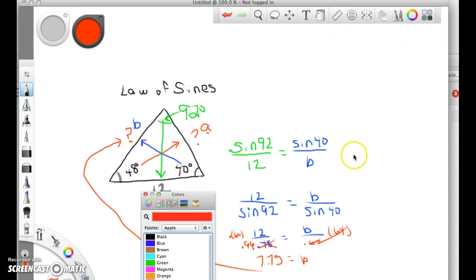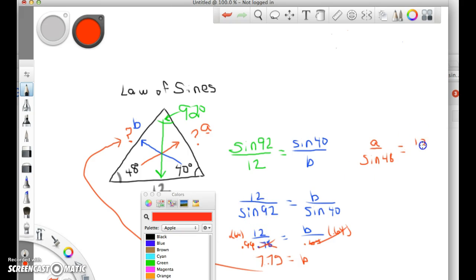So we have A over the sine of 48, equal to 12 over the sine of this green angle, which we already figured out was 12 divided by 0.99.